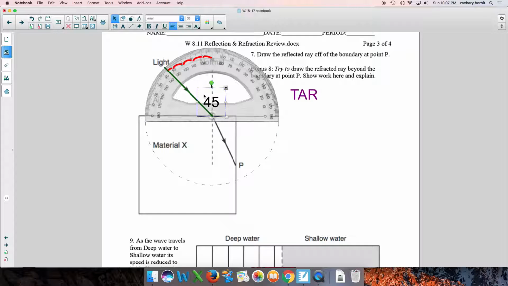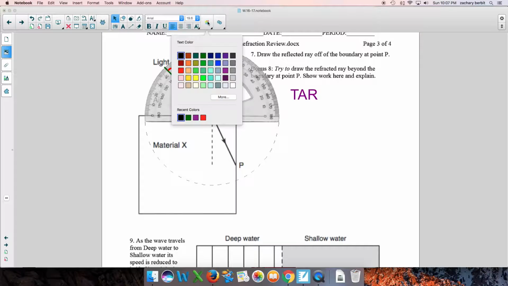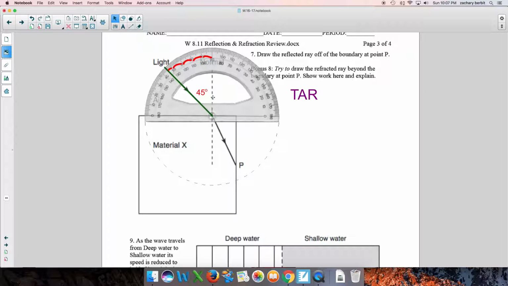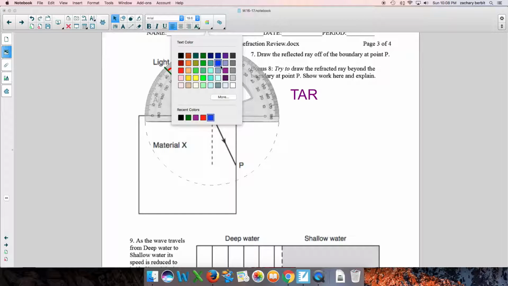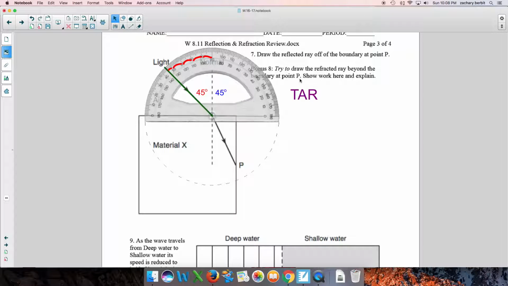So this angle of incidence appears to be 45 degrees right here. Well if that's the case, then you know that the angle of reflection will also be 45 degrees, except the reflection always happens on the other side of the normal, just as if you were playing pool.